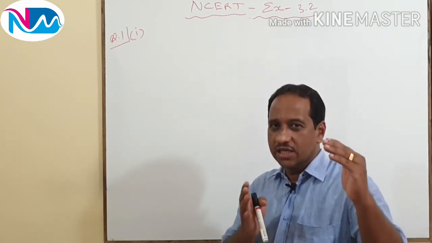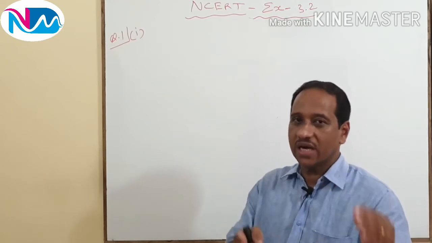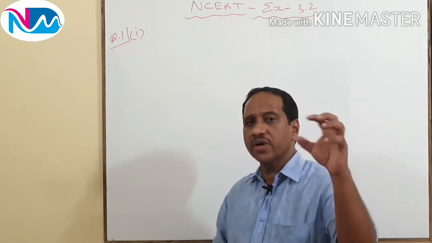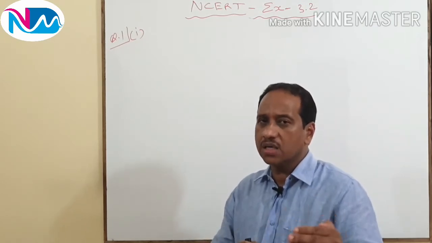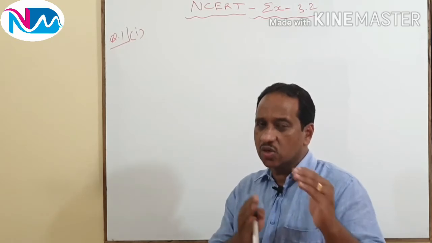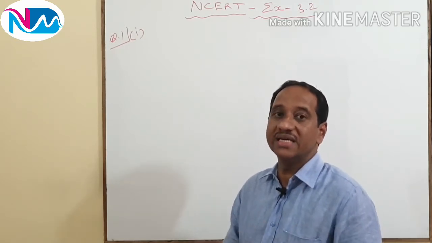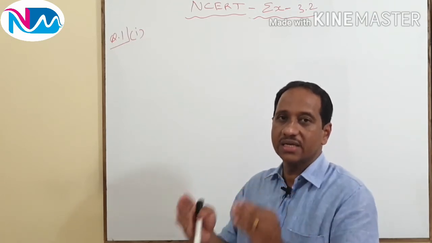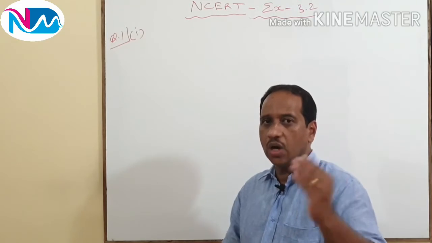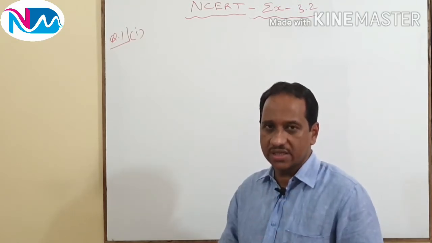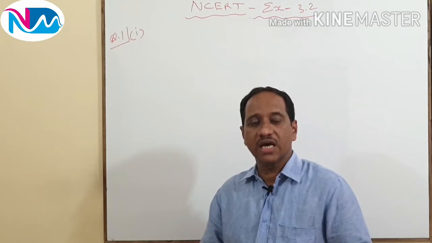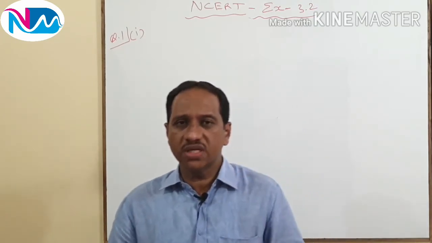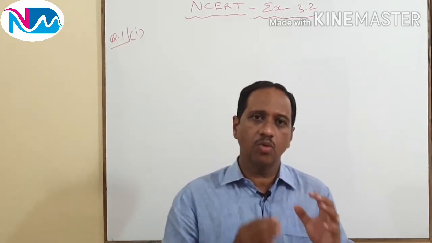You know that in a class there can be boys and girls. So according to the question, 10 students of a class 10 took part in the mathematics quiz. This means the total number of students in the class is 10, which comprises boys and girls. So here the two unknown values to be considered are number of boys and number of girls, which we will represent by using two variables x and y.